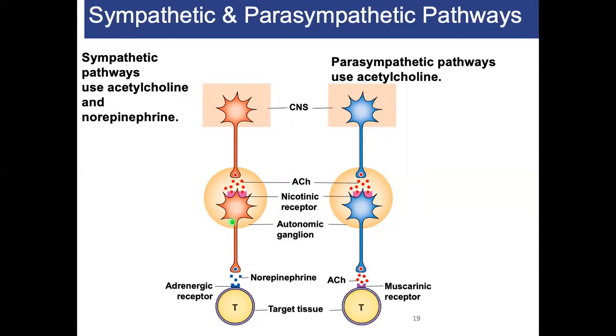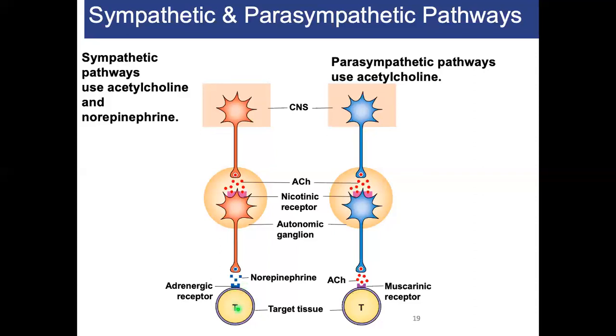Then, where is it different? Take a look at the second nerve. The second nerve synapses with the tissue, and at this synapse, that's where you see the differences. If we're talking about the sympathetic nervous system, the second nerve is going to release norepinephrine onto an adrenergic receptor and activate that tissue.